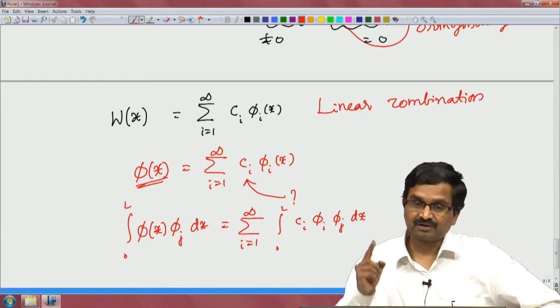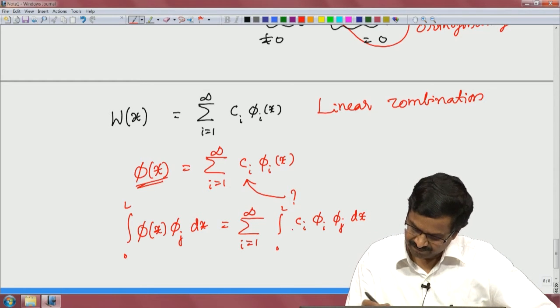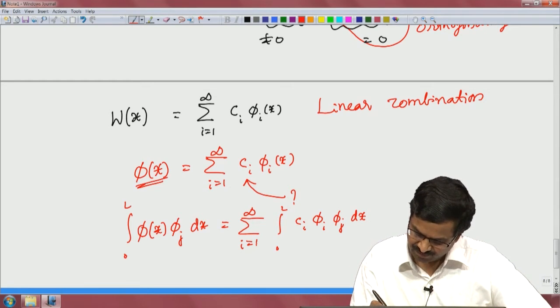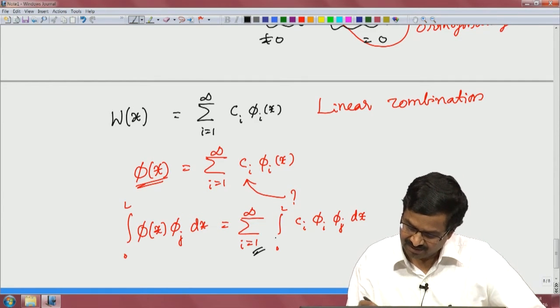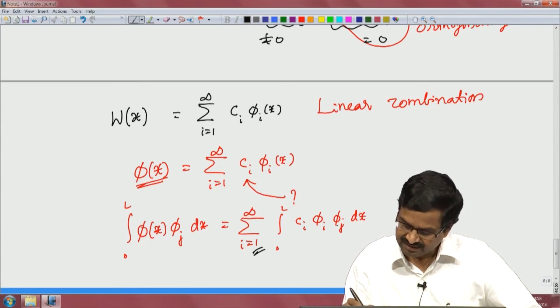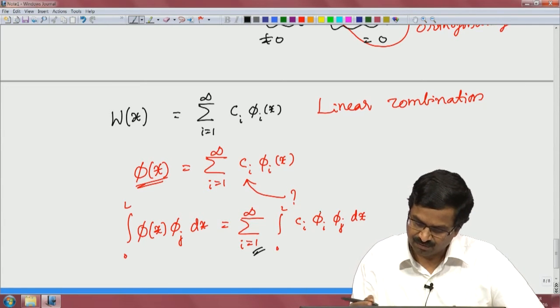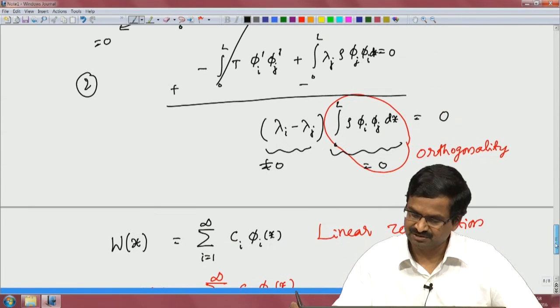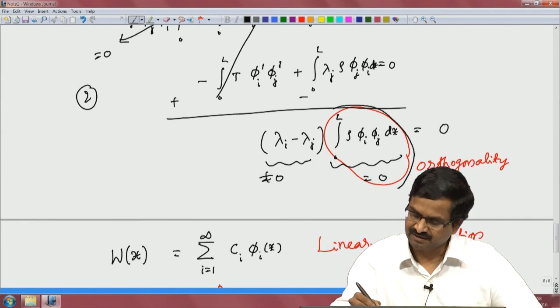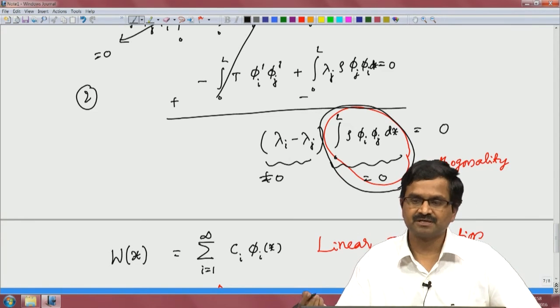Now, remember our orthogonality property, whenever this I going from 1 to infinity becomes j, only then is this integral non-zero. I can also put rho if I like, but rho does not matter in this orthogonality relationship, rho is just a constant.